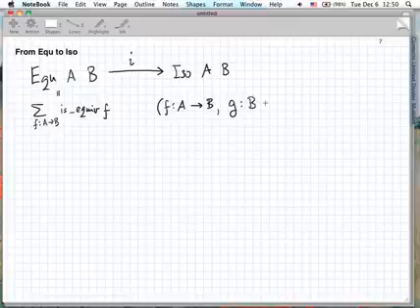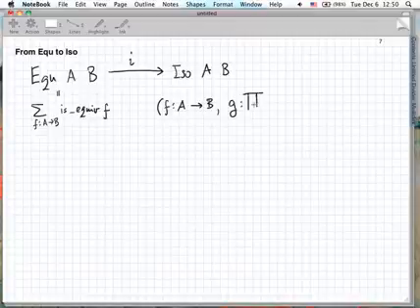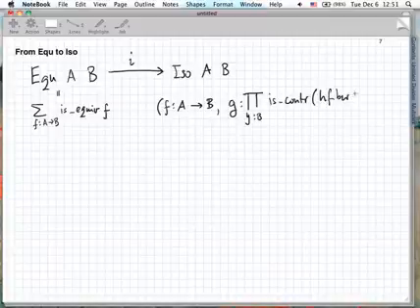Well, I can't write it like this because its type is dependent, so I have to change this. So it's a map which for any y in B gives me is contractible h-fiber f y.